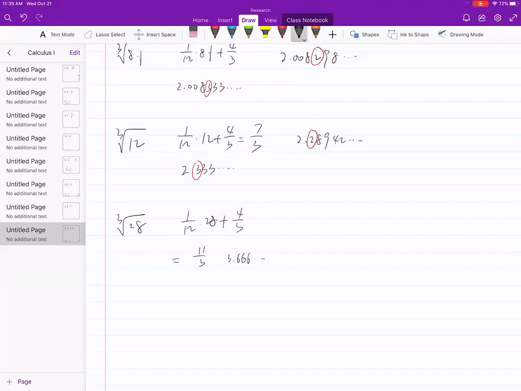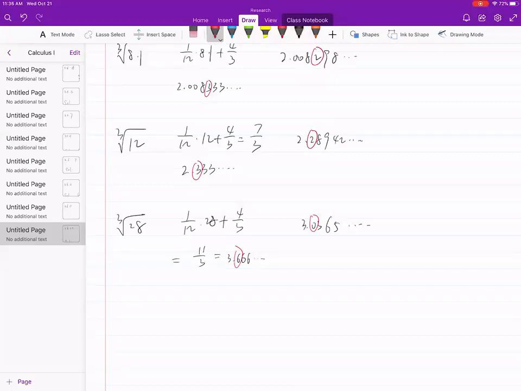Actually, let's not approximate, but the real one is 3.036. You're more off.